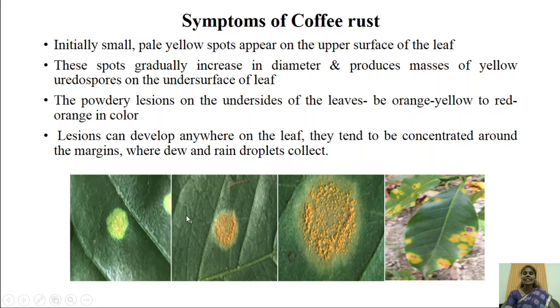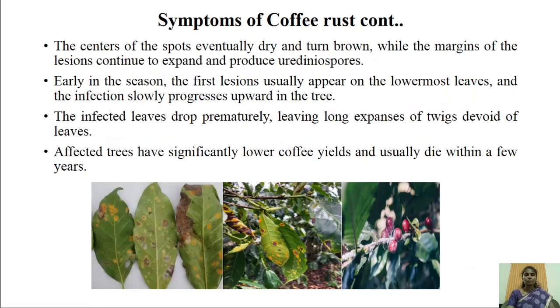It gradually increases in size and produces a number of spores in the infected area, and these spores are usually restricted to margins where dew and raindrops are collected. Continuing with the symptoms of coffee rust, later the centers of the yellow spots eventually dry up and turn brown in color.